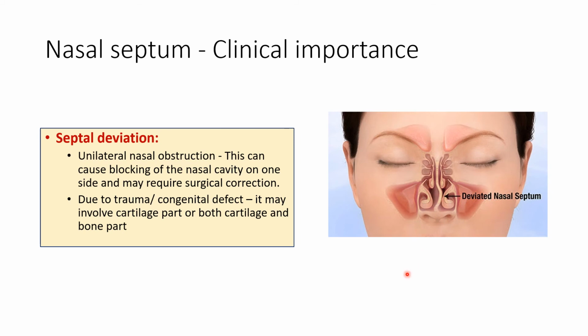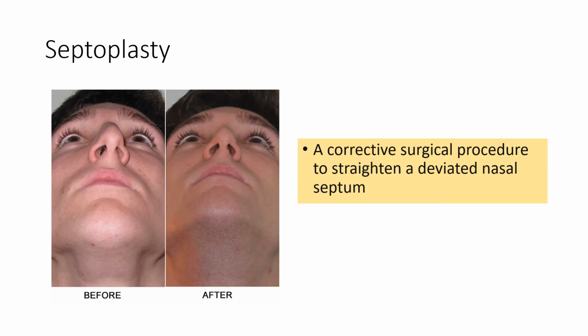So it may involve cartilage part or both cartilage and bony part. That's about the nasal septum and the clinical importance of septal deviation. Let us consider some more. The corrective surgical procedure that is performed for septal deviation is called septoplasty. So it's a corrective surgical procedure to straighten the deflected nasal septum.